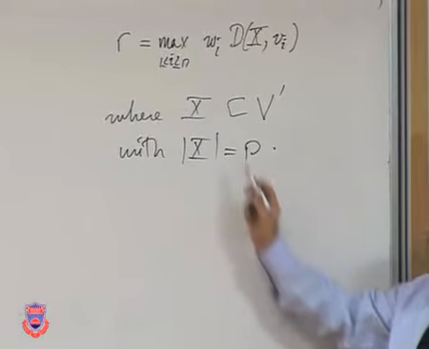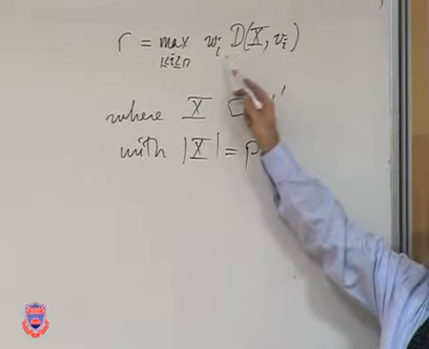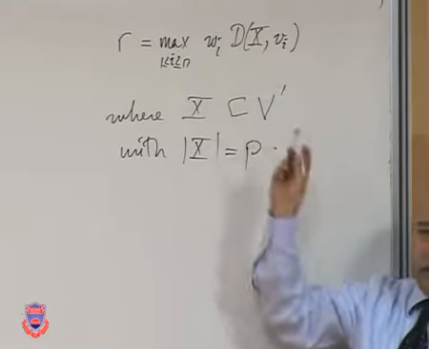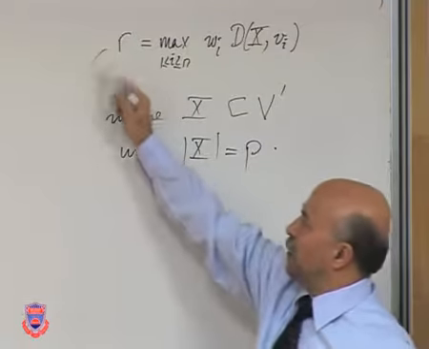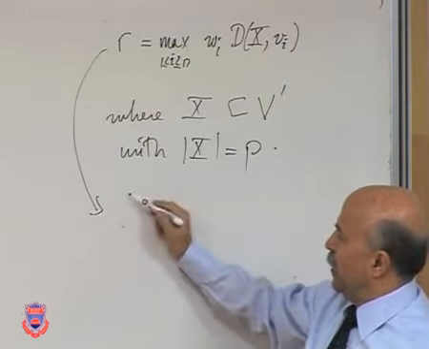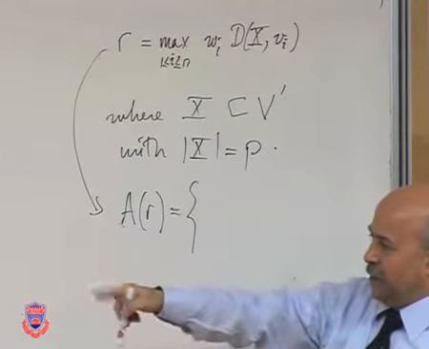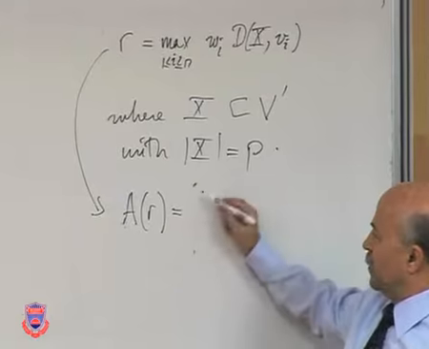So, once you choose P points from V prime and compute the maximum weighted distance, it gives you a particular R. Then this R allows you to compute the A matrix relative to that R, as defined by those numbers.